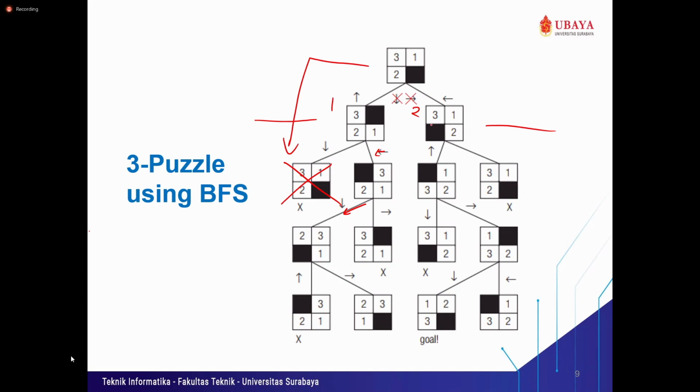From here, you can go either to the top or to the right. If you go to the right, it will produce the same one as the start, so no. So you go up. Afterwards, you start going to the left again. Oh, it's not. Then going back to the right side. Oh, it's not. Oh, yes, it's true. And so on until it finds the goal. Oh, it finds the goal. Okay, stop. Just like that. Any questions for BFS on the tree puzzle?